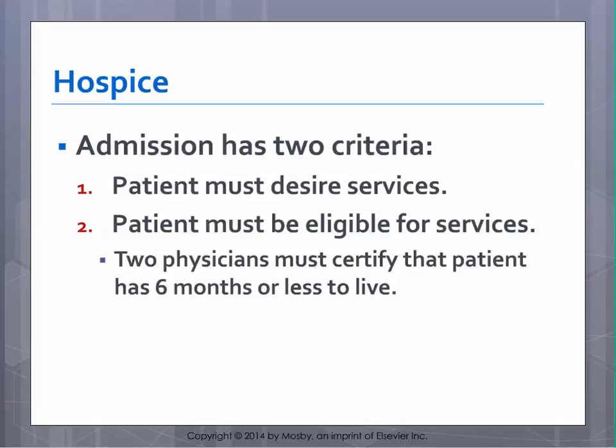For Medicare and Medicaid and other insurances, 2 physicians must certify that the patient is terminally ill with less than 6 months to live. If the patient lives beyond the expected prognosis, they can be recertified, and reimbursement for care will continue if the patient still meets enrollment criteria. After initial certification, only 1 physician, that is, the hospice medical director, is needed to recertify the patient.